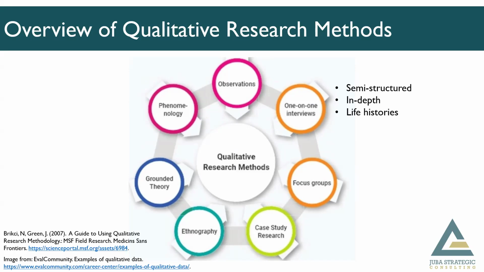Often that will use one-on-one interviews or focus groups, but that's really trying to gain an in-depth understanding of a specific experience of interest. There's also grounded theory, which you'll hear about a lot, and grounded theory is really taking the approach of generating and creating theories based on data.